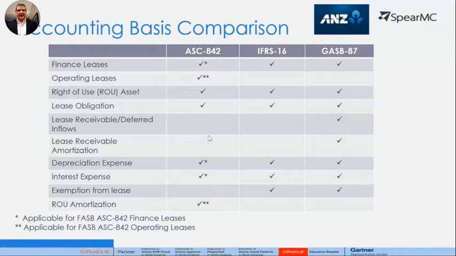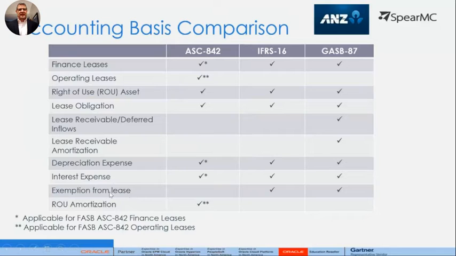A brief highlight that compares the 3 accounting bases, right? So you've got ASC 842, and all 3 of these are the rule sets that apply to lease accounting changes. ASC 842 is the default essentially with lease administration in PeopleSoft. IFRS 16, you can see they're very, very similar.